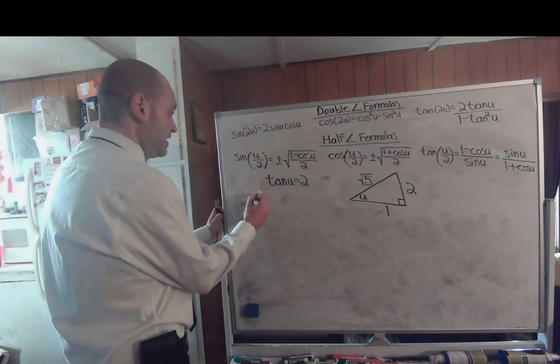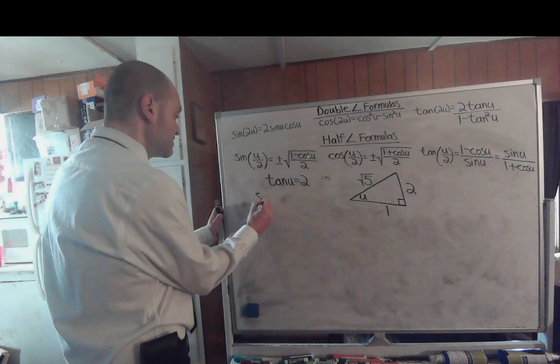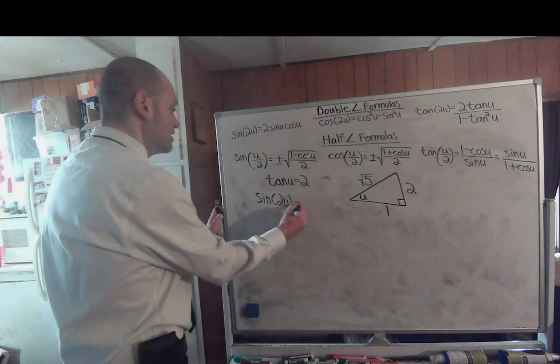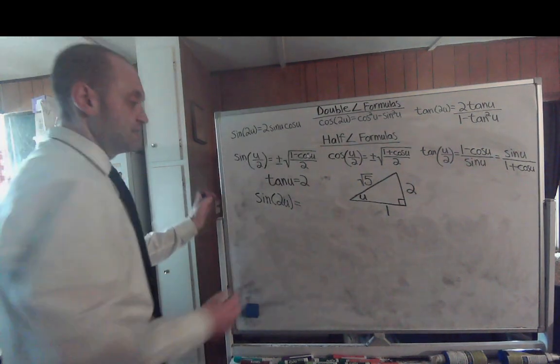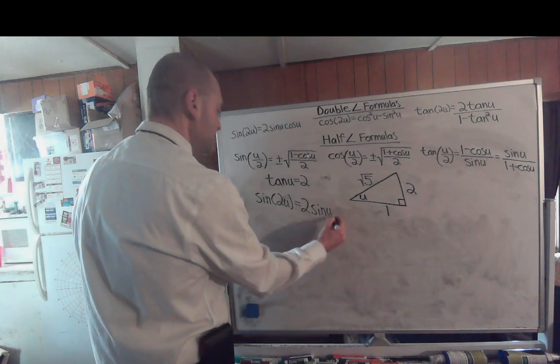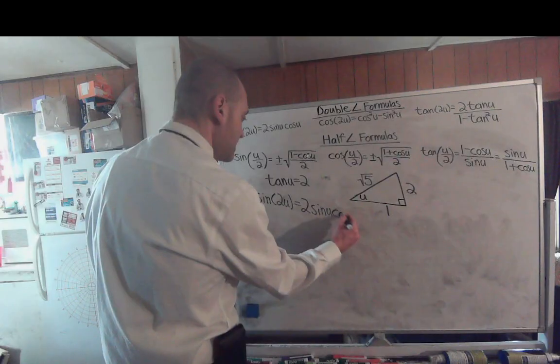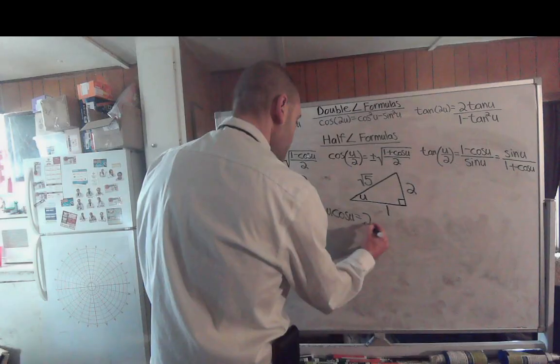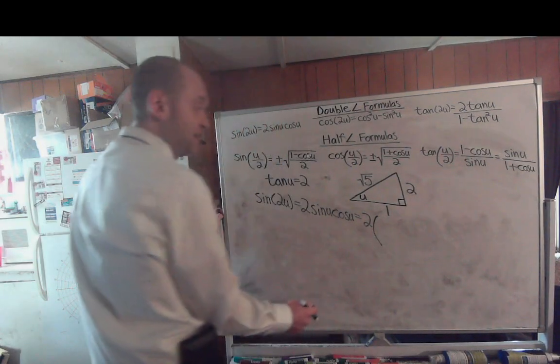So let's see. The sine of 2u, we have a formula for a sine of a double angle. That's the same as 2 times the sine of u times the cosine of u. So this is going to equal 2 times, what is the sine of u?